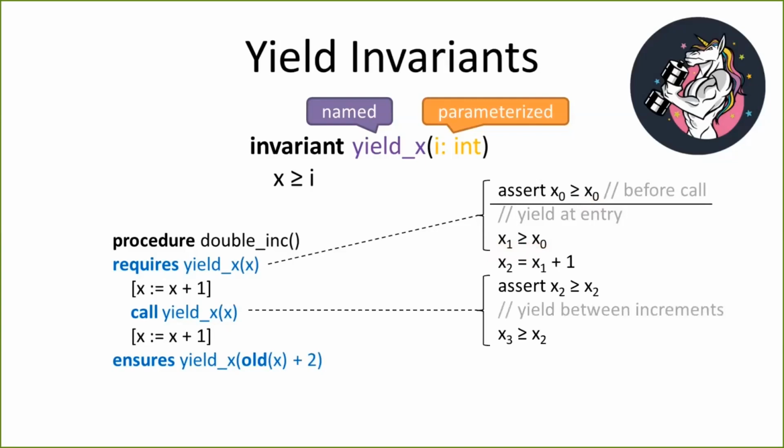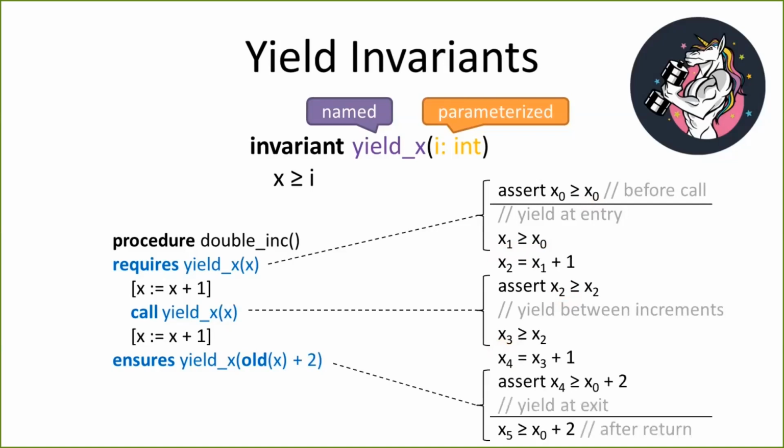After the increment operation, we re-establish the yield invariant with the new value x2. And after yet another interference point, we get that a newly observed value of x, let's say x3, is greater or equal to x2. Finally, we establish the postcondition after another increment that now refers to old x, which means the value of x before the call was initiated.